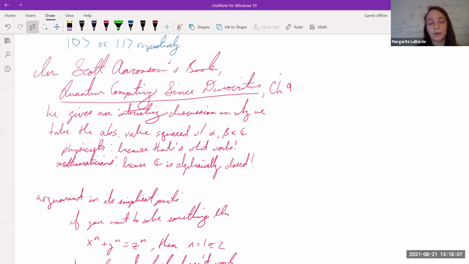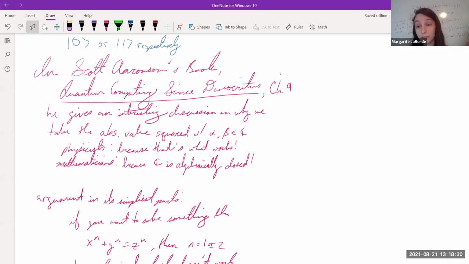In particular in chapter 9, when he switches to talk about how quantum computing is formulated compared to other forms of computing, he talks about why we have these probability amplitudes, why they're complex, which might seem strange to you because complex numbers are imaginary and this is supposed to be a physical thing, and why you square them.